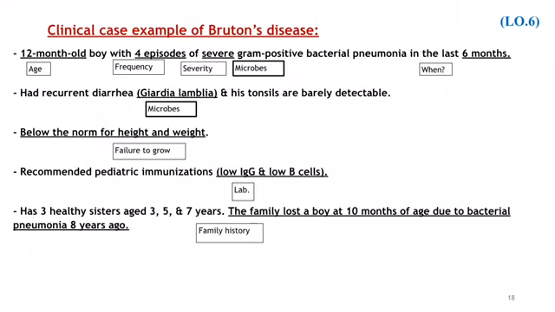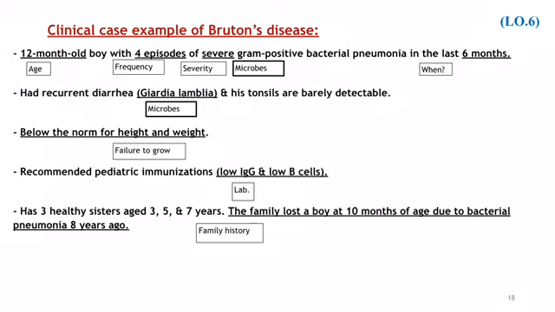Now look at the age, 12 months, and how frequent the episodes are: 4 episodes means frequent. Severe means the severity is severe. Which microbes? Gram-positive bacterial infection. When did that happen? In the last 6 months.